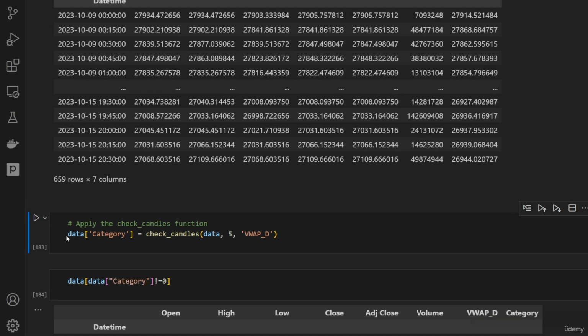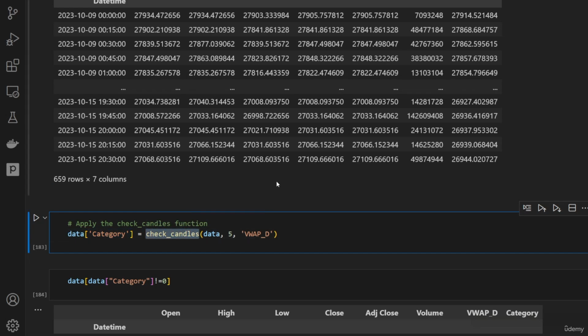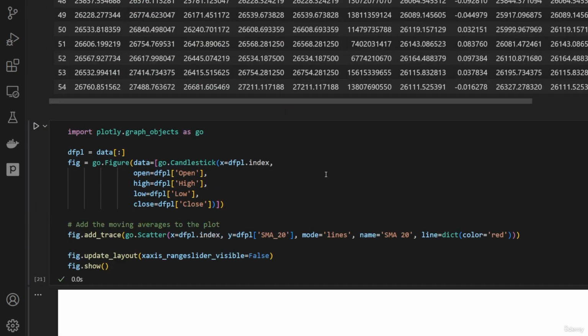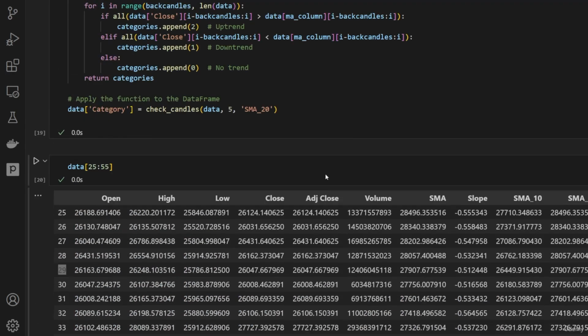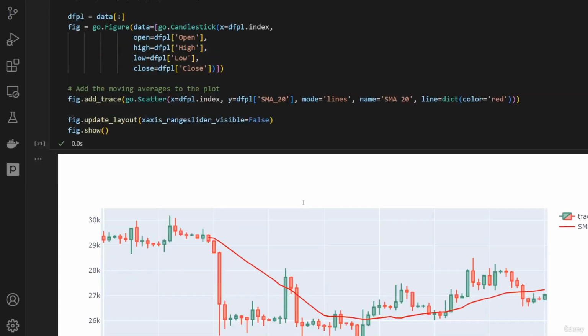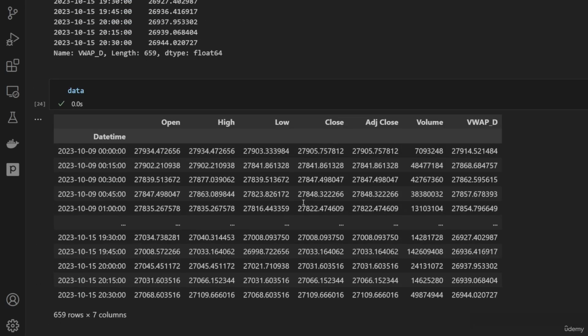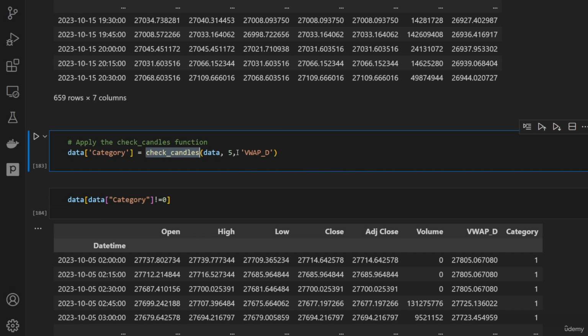And now I'm going to add a data category, if it's an uptrend or a downtrend. I'm using the check candles function, which is the previous method that we explained using the moving average. So how many consecutive candles do I have above or below the moving average curve? Now, instead of using the moving average curve, I'm going to use the VWAP column instead.